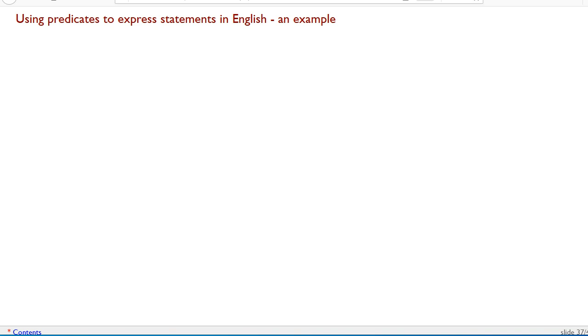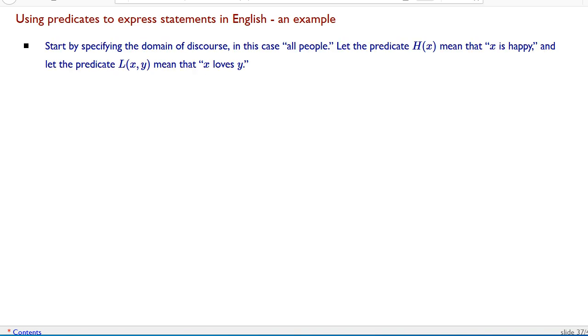Let's finish up this brief topic by using predicates to convert English sentences into statements of predicate logic. And I think this example came straight from Computer Science 20. We're going to let h of x mean x is happy, and let L of x comma y mean that x loves y.